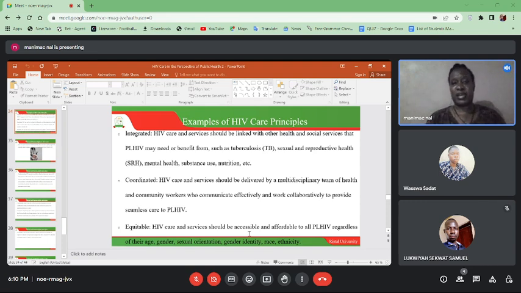Another principle is equity. We must make services available and affordable to people who are positive, and we shouldn't discriminate against them because of their gender, age, sexual orientation, gender identity, and so on. We must make sure the service is for all of them.